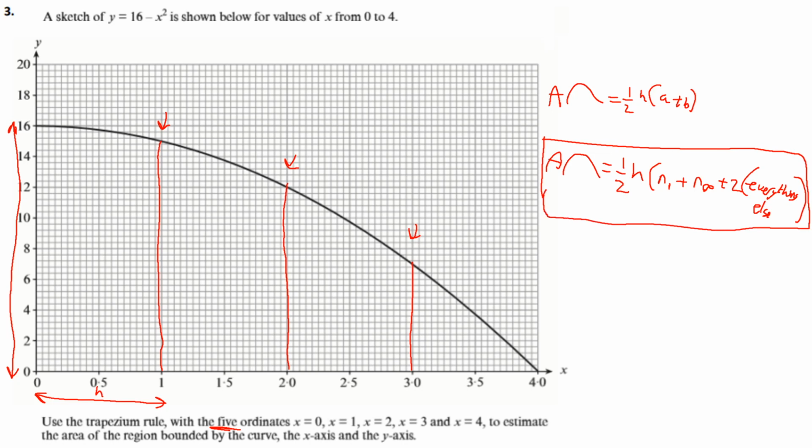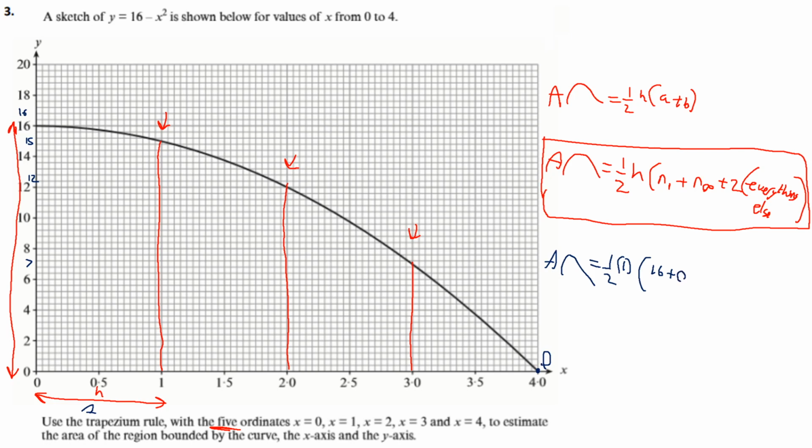So now let's actually learn how to use it. We can say that this is 16, sure. This is 15, I'm going to give an educated guess. This is 12. And this is a whopping 7, okay? So therefore the area underneath this curve is going to be half times 1, because we're going by 1 each time. And we're timesing it by 16 plus, and this answer here is 0.